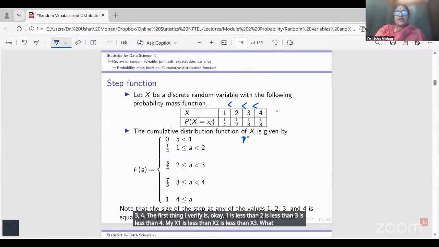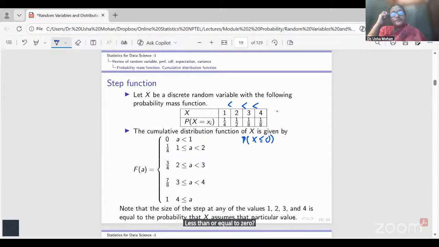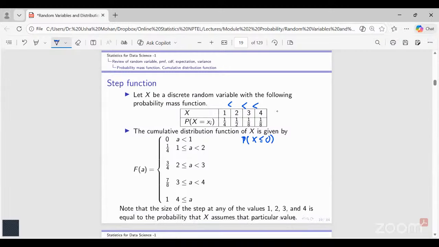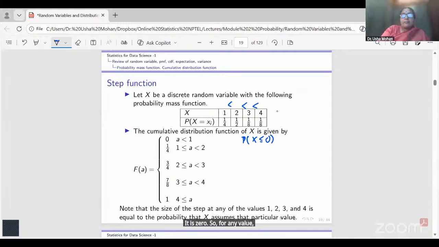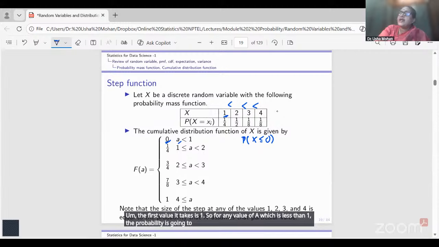What is the probability x is less than or equal to 0? It is 0. The first value it takes is 1, so for any value of a less than 1, the probability is going to be 0. Would you all agree?